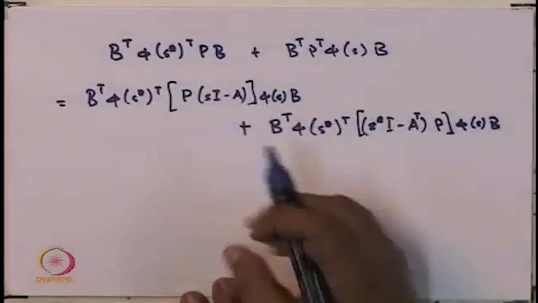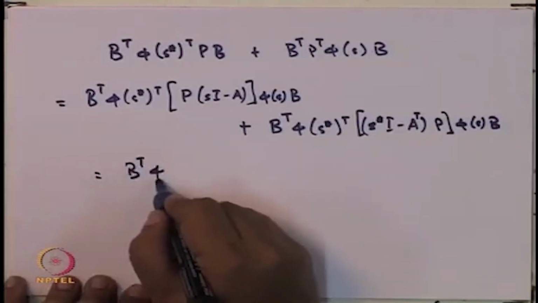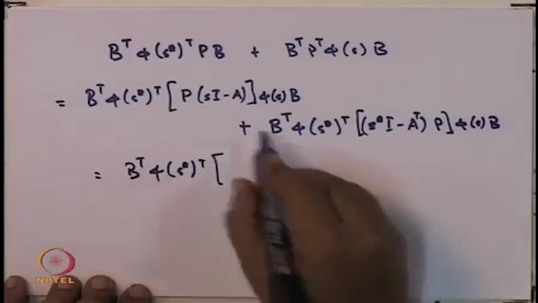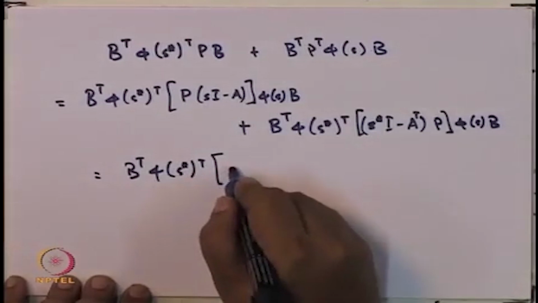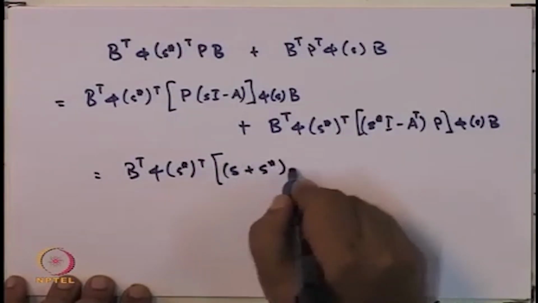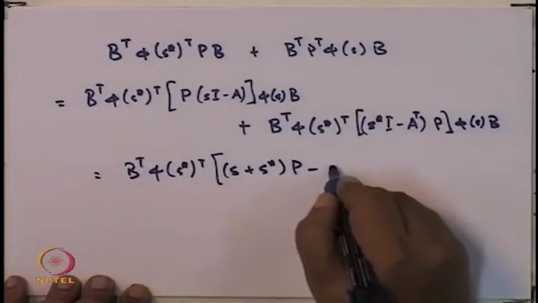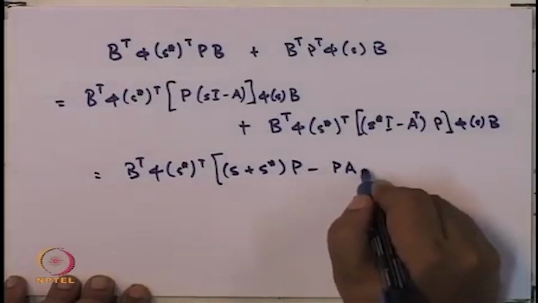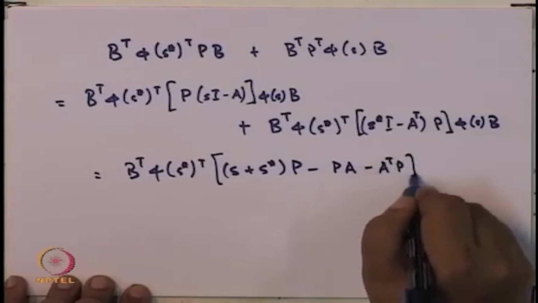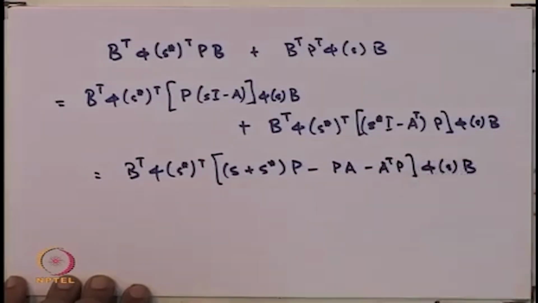So what is inside can be put together, and what you have is B transpose phi S star transpose, times S plus S star times P minus P A minus A transpose P, times phi S times B.